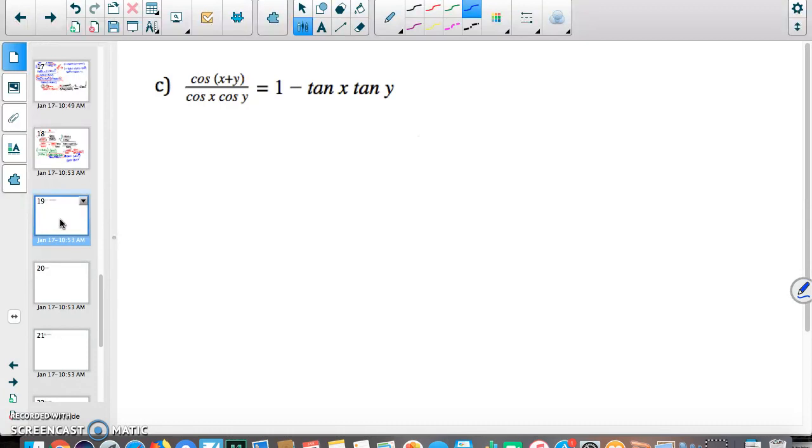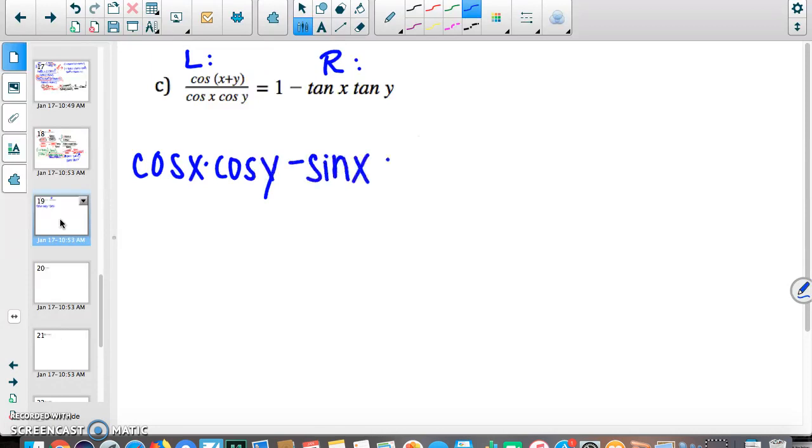But if you do have your identity sheet out, then you're going to notice that my numerator is a sum and difference identity. So it's cosine, so I'm looking at my identity sheet, and I'm looking at cosine alpha plus beta, and in this example it's x plus y, but very similar, right? And I'm just using my identity in my numerator.